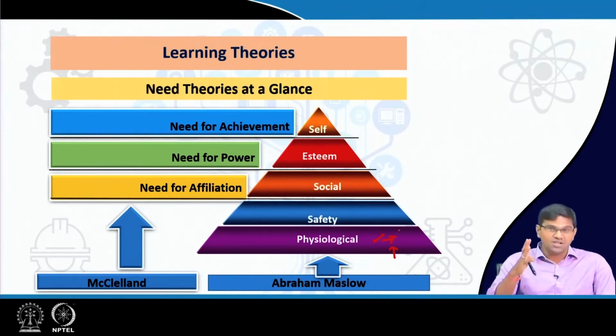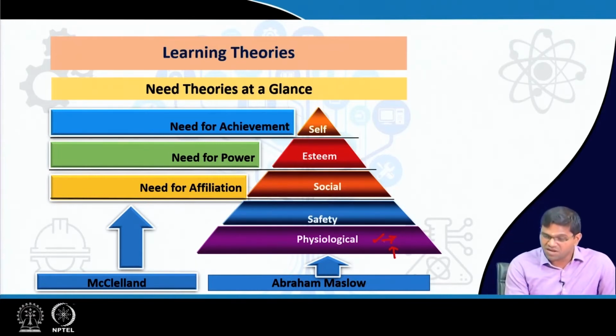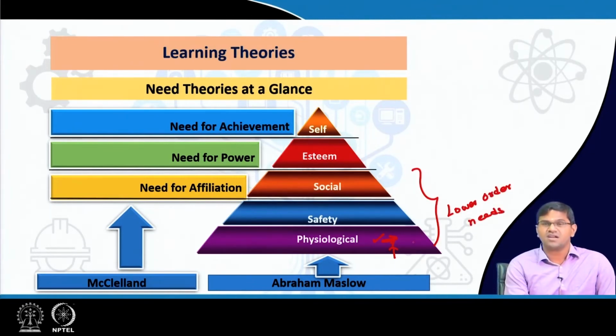When an organization asks an employee to perform well, you have to understand what type of need your employees have, and you have to meet the lower needs. These three are called lower order needs. These needs are also called deficiency needs, without which you cannot expect people to go to the next level of need.